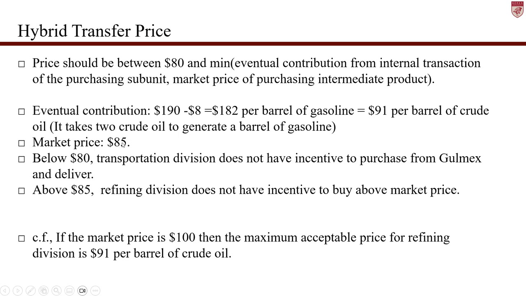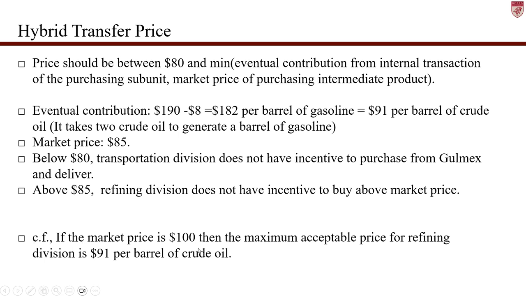Okay. So it's not always the case that the contribution margin is lower than the market price. Sometimes the contribution margin may be greater than the market price, so that the market price can be the minimum price in this range. Okay. But I have another comparison example below.